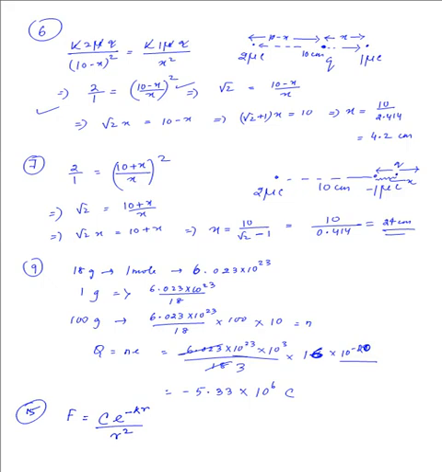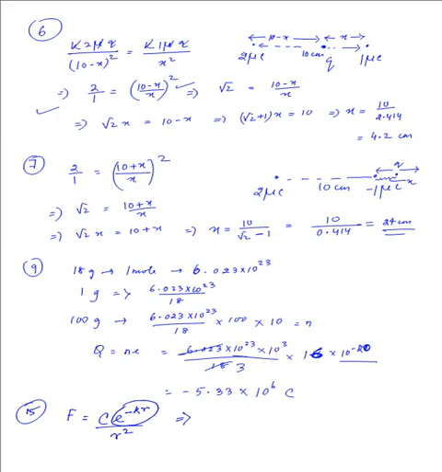Now, as you know, exponential terms and trigonometric terms do not have any dimension or unit associated with them. So this thing over here is a dimensionless quantity, just a number. And what we are left with is C over distance squared, because R is the distance and F is obviously the force.